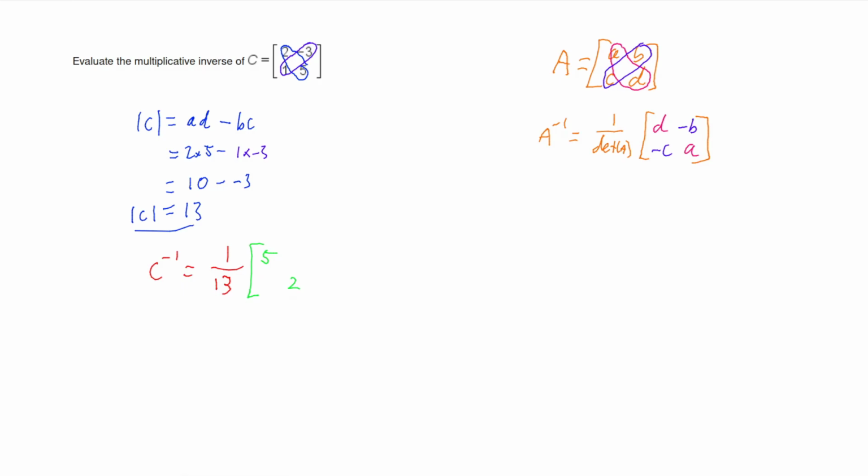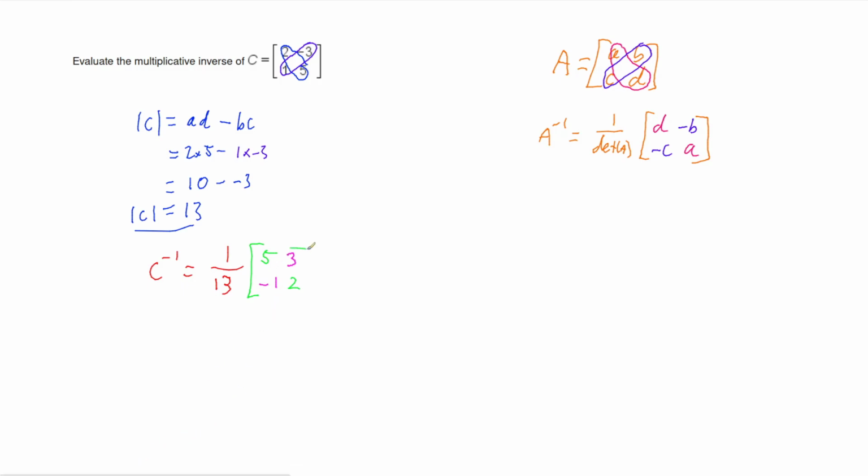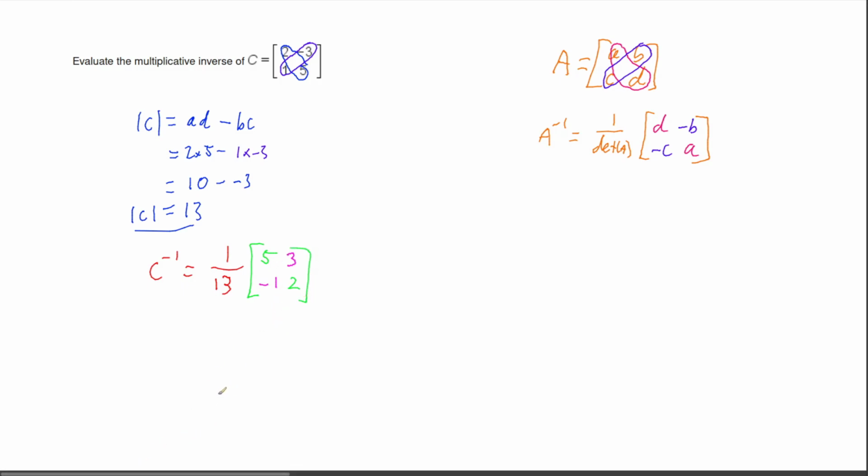And then we get our other two values, the negative 3 and the 1, and we make them the negative of what they already are. So the negative of negative 3 is positive 3, and the negative of positive 1 is negative 1. And that is our inverse.